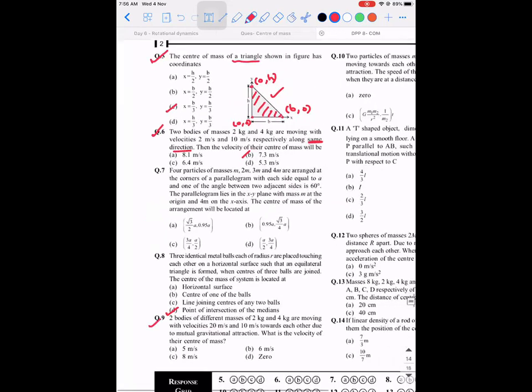So the 9th one. 2 bodies of different masses, 2 kg and 4 kg, are moving with velocities towards each other due to mutual gravitational attraction. What is the velocity of their center of mass? Find it fast.